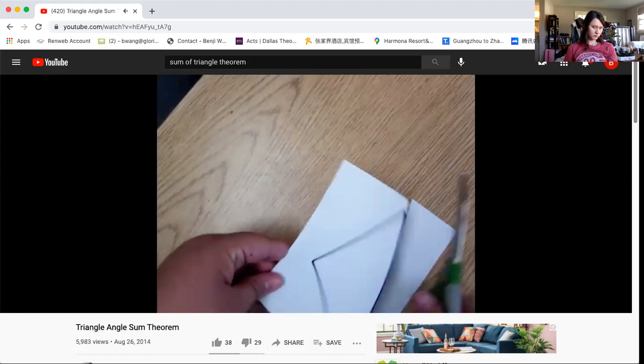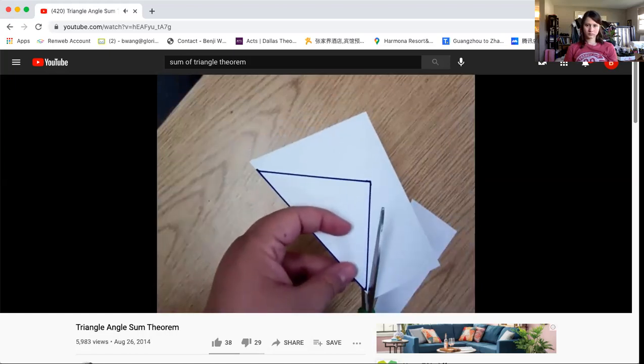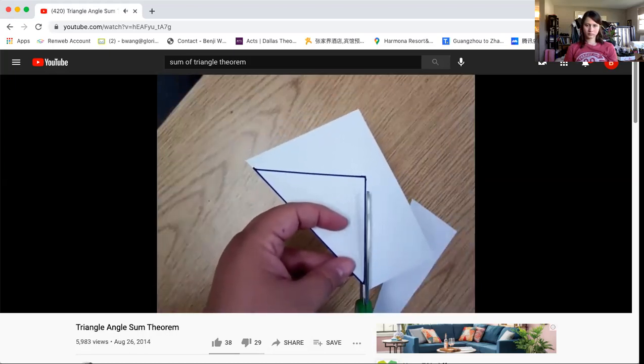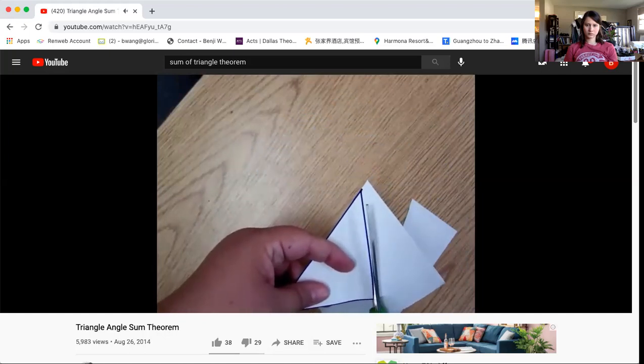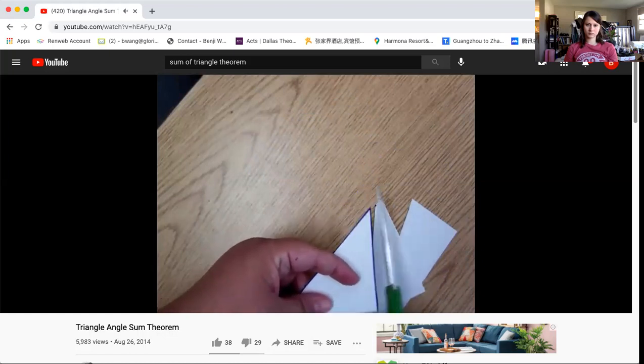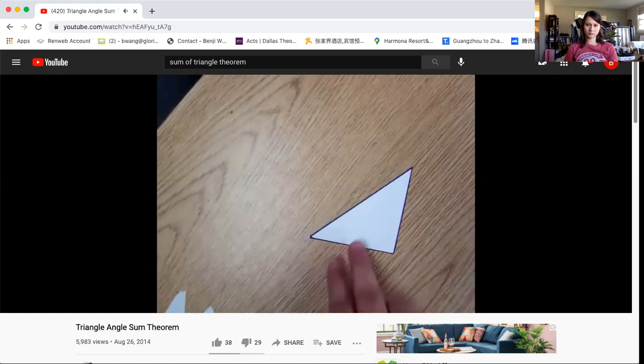You can do this with any size triangle. Okay, so here's my triangle. It has 3 angles, and again, I'm trying to prove to you that those 3 angles add up to 180.